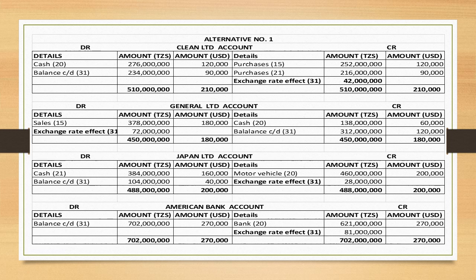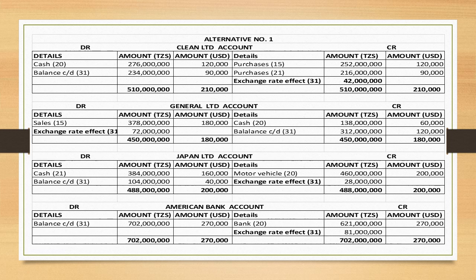But again, the balance that is not yet received is 120 US dollars, which as from 31st is equivalent to 312,000. So that will give us a gain of 72 million.